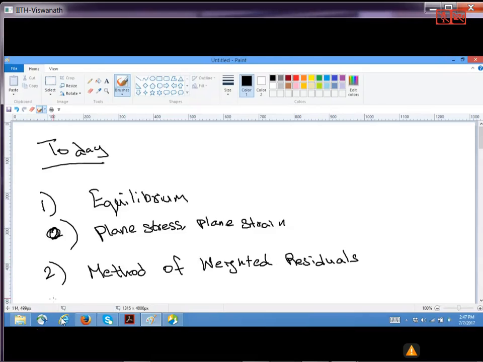If I have some extra time, I will also try to cover your variational principles. If I can cover it in this class, I will try to show that the governing equations you obtain from the variational principles are the same as what you get from the method of weighted residuals.